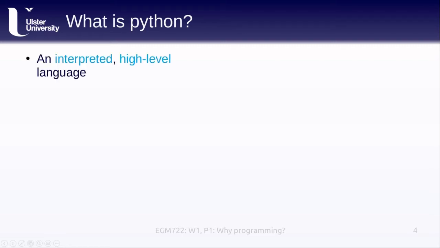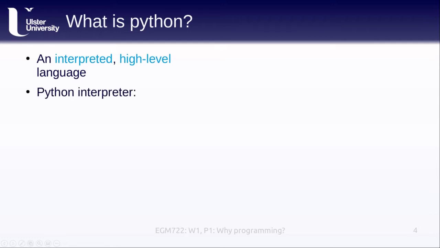So Python is an interpreted high-level language. Now what this means, I'll talk about what interpreted means in a minute, but high-level means that it's something that is made more for people to read as opposed to for computers to read.